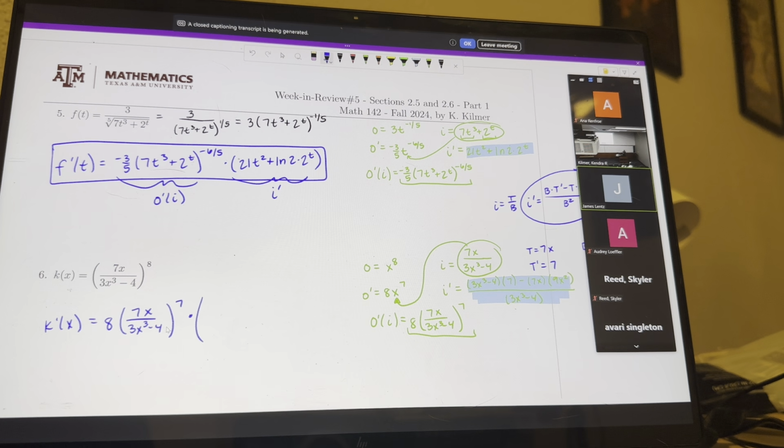Big parentheses. 3x cubed minus 4 times 7 minus 7x times 9x squared, all over 3x cubed minus 4 quantity squared.